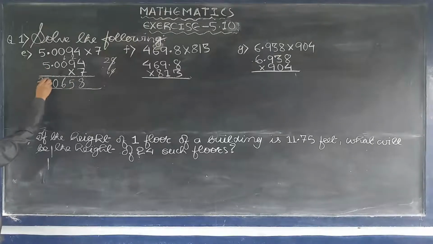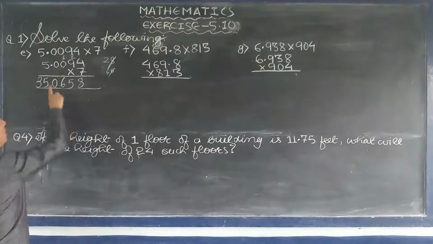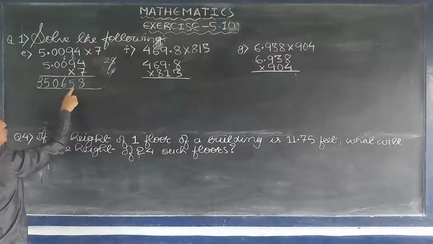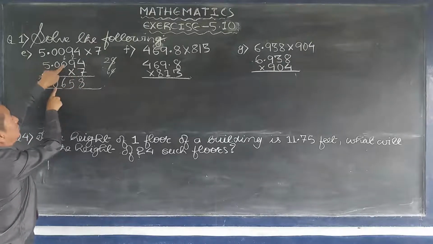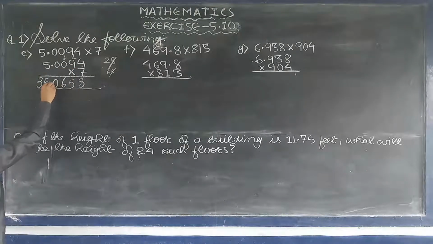We'll write 35 here. Now you can count the digits after the decimal point: 1, 2, 3, 4. 4 places after the decimal. Here is the decimal sign.